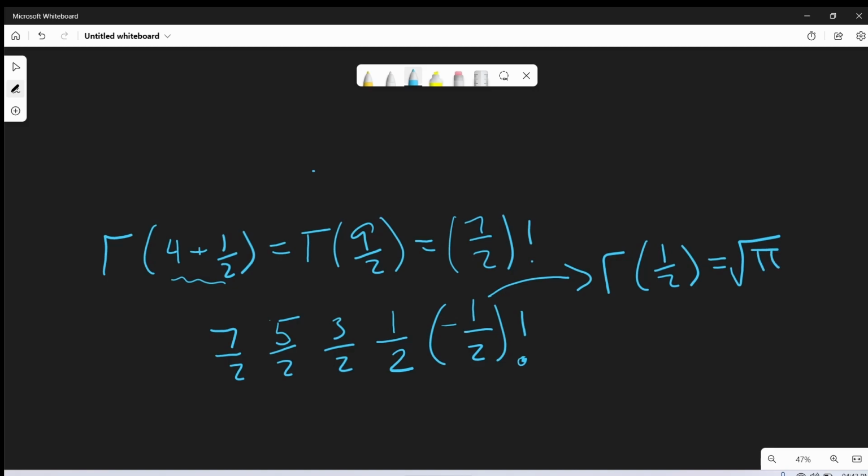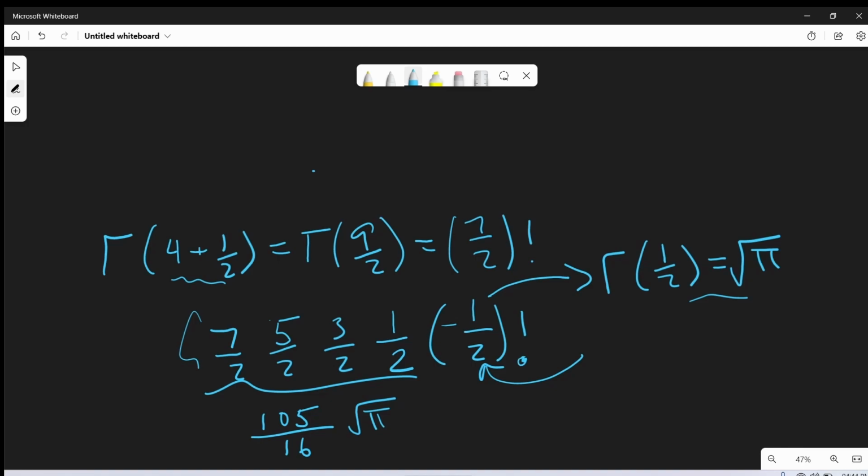So again, it's good to reuse this or work backwards. Knowing this one value can get you a lot of other values. So all we need to do is multiply this together, knowing that this thing is square root of pi right here. We can multiply this out, and we're going to have 7 times 5 times 3, which is 105. 2 times 2 times 2 times 2, 2 to the 4th is 16. We bring down our square root of pi, and we have this value.